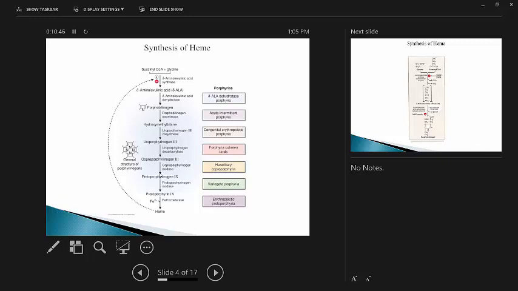The reason that they're called porphyrias is that they are colored and they will all give you port wine colored urine. So these are a series of porphyrias. The first step is not one because this isn't a porphyrin; it's actually a precursor for a porphyrin.